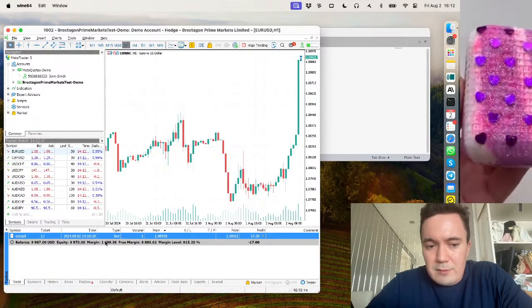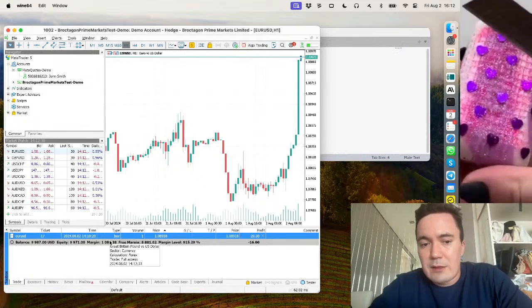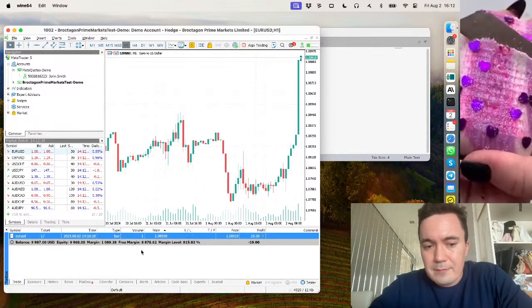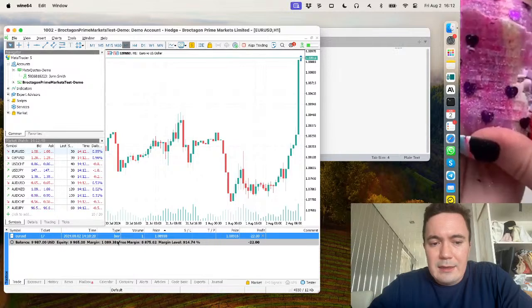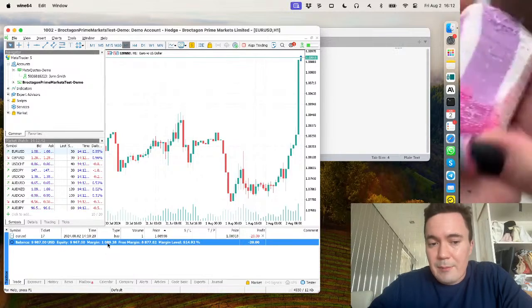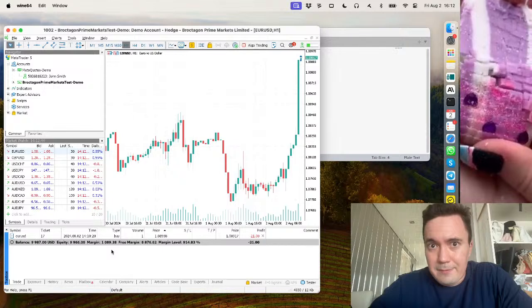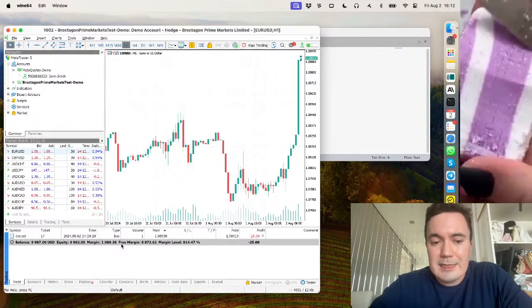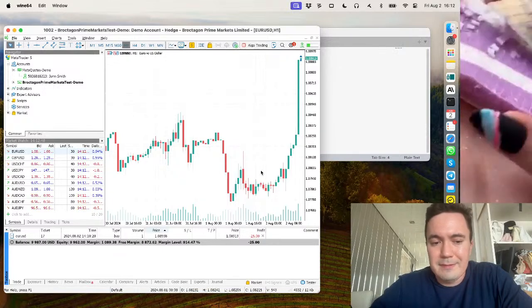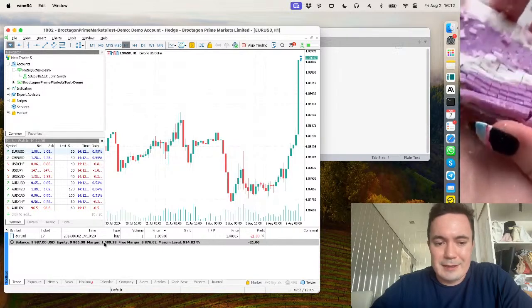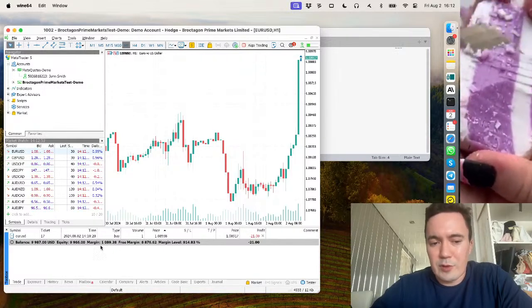So this amount shows how much money has been used up, and what is the amount that has not been used up. In our case, it's called free margin. Free margin is how much money was not used up by the margin.